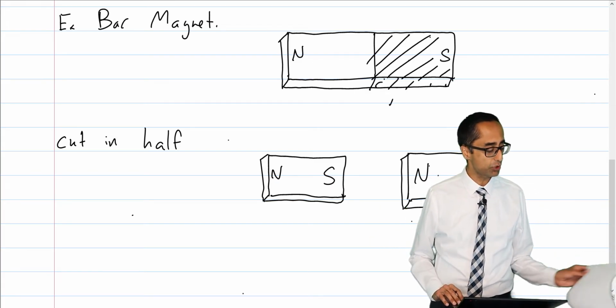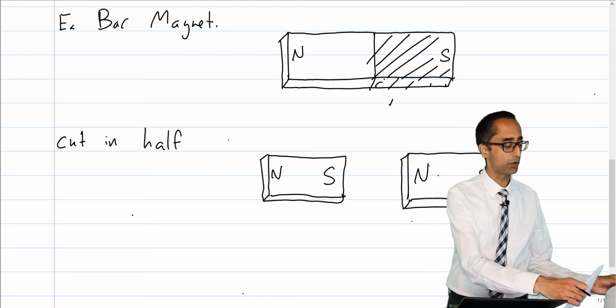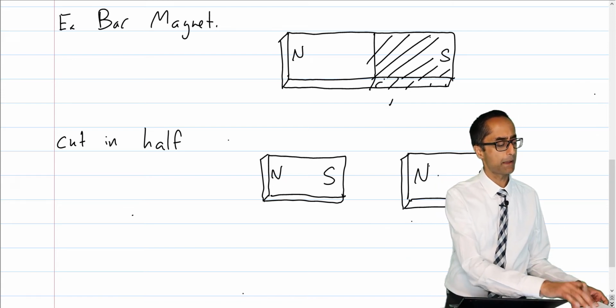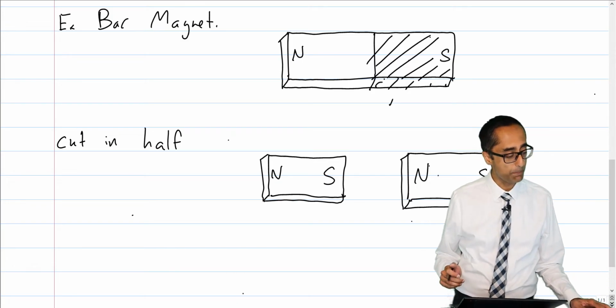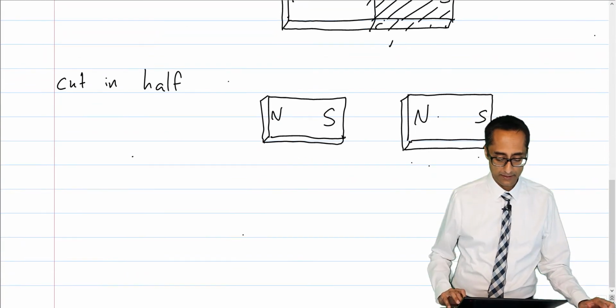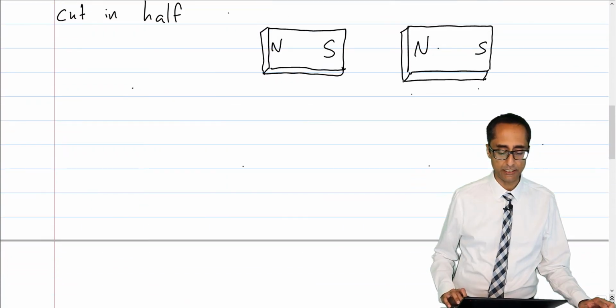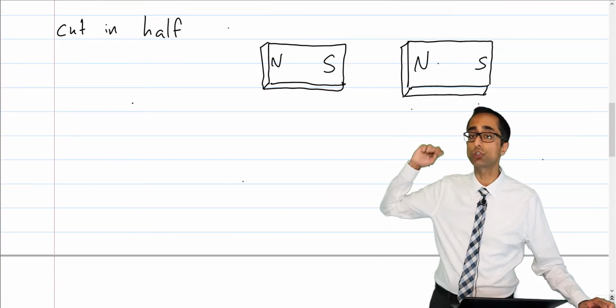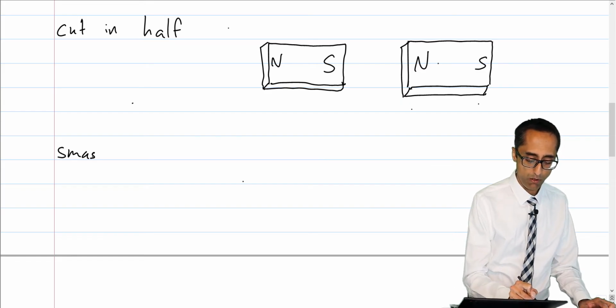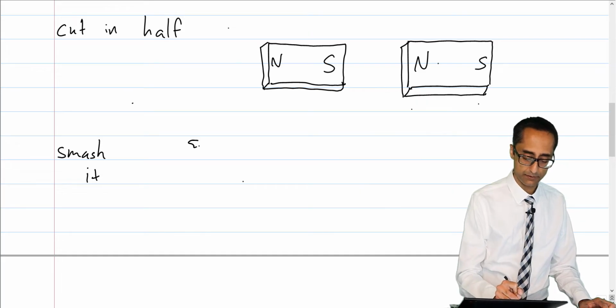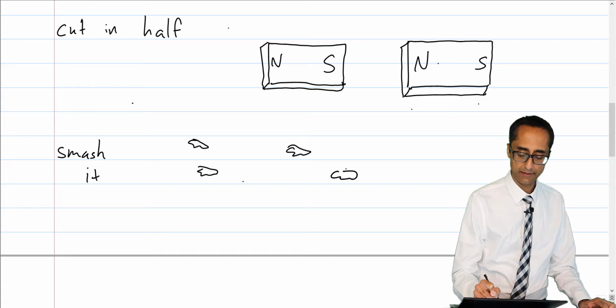In fact, why don't we try to smash our magnet into as small pieces as we possibly can. And so instead of cutting it, let's smash it. Let's take a hammer and we'll just start hitting these pieces until we're left with as small pieces as we can possibly handle. And so we end up with little fragments like this.